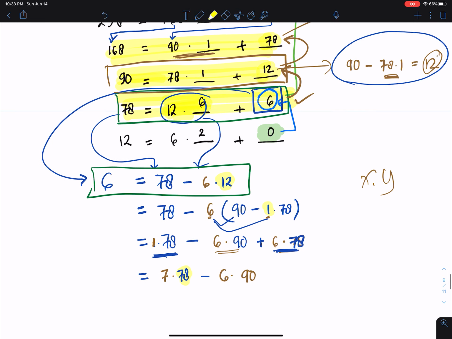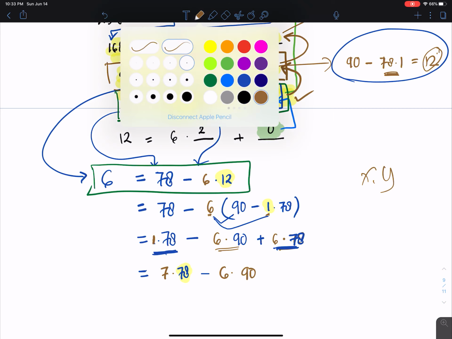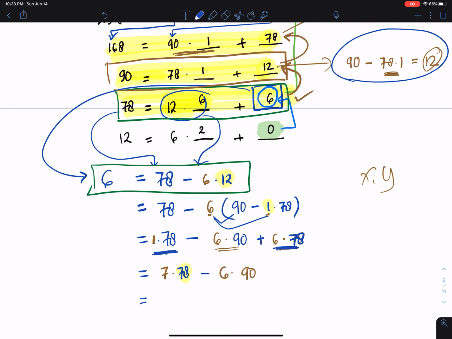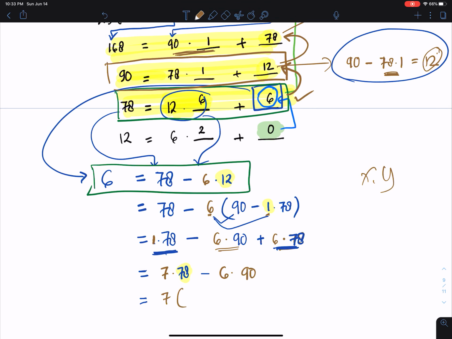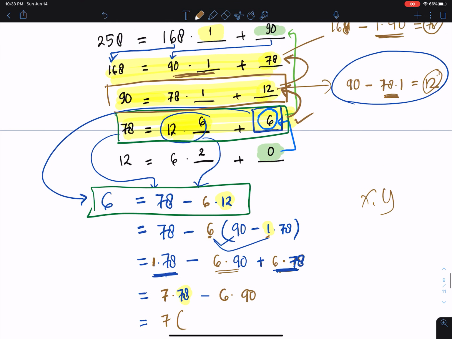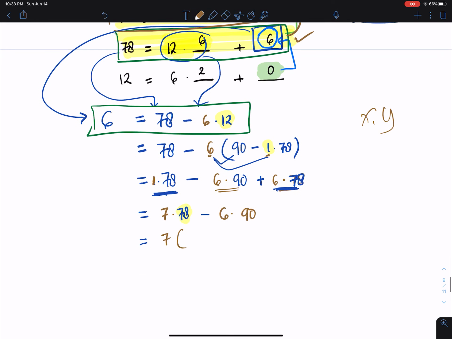Okay, so what we have here, we write down first: 7 times our 78 is 98 minus 168 minus 190.